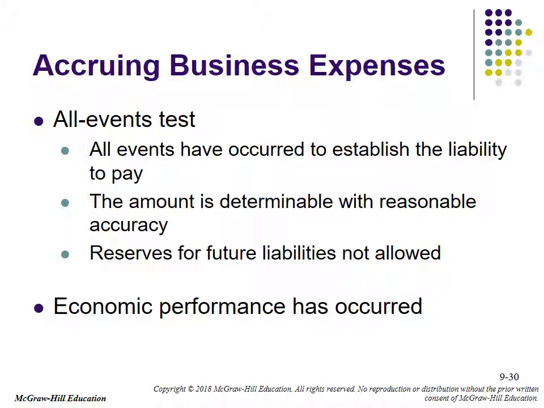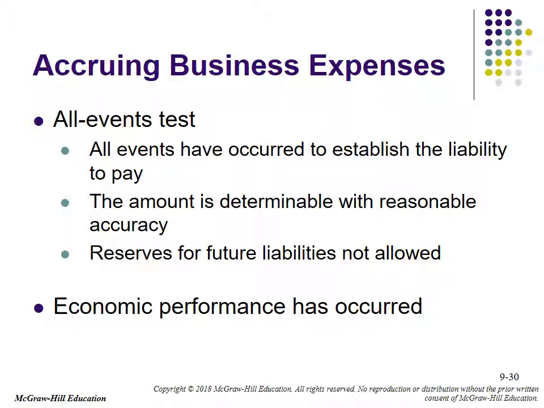The amount is reasonably determined, and there's no reserves allowed to pay future liabilities. So you had to have had the service occur. The other test, the economic performance test, and this is right out of your book.